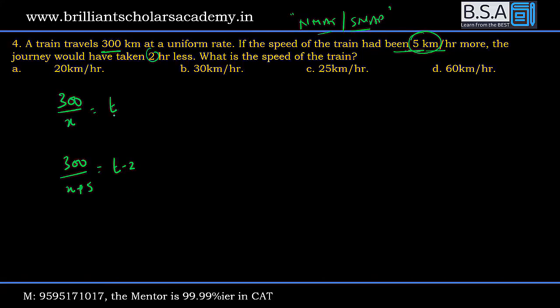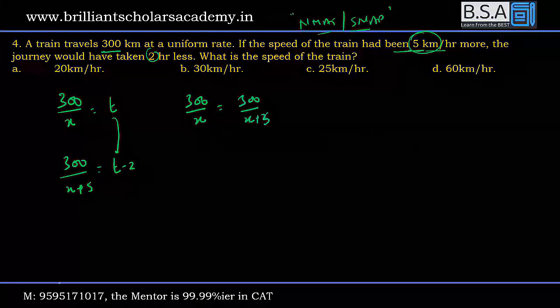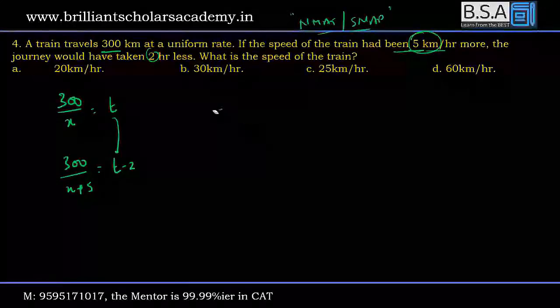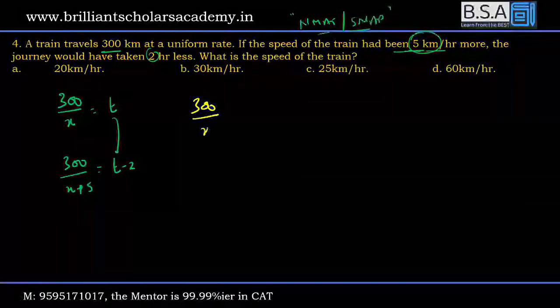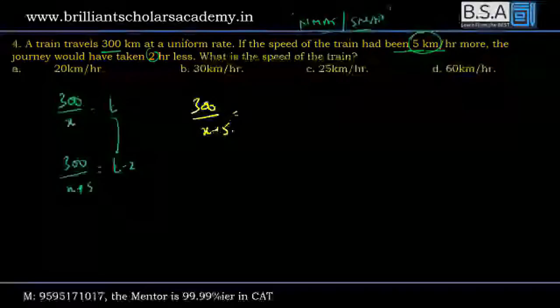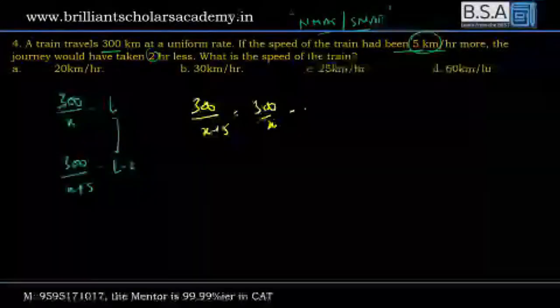So what I am doing is I am replacing that value here. 300 upon x is equal to 300 upon x plus 5. 300 upon x plus 5 is equal to t, 300 upon x minus 2.